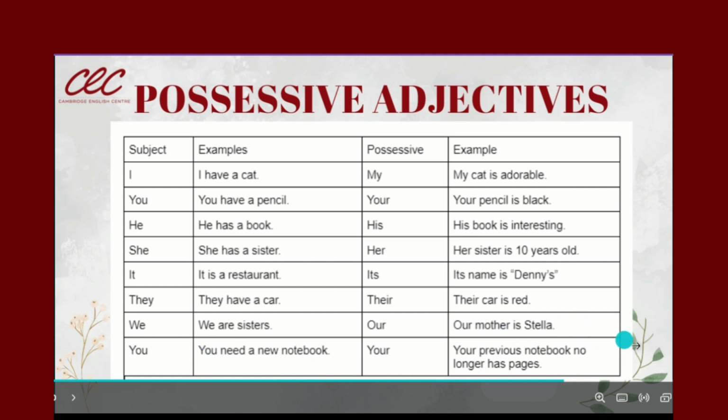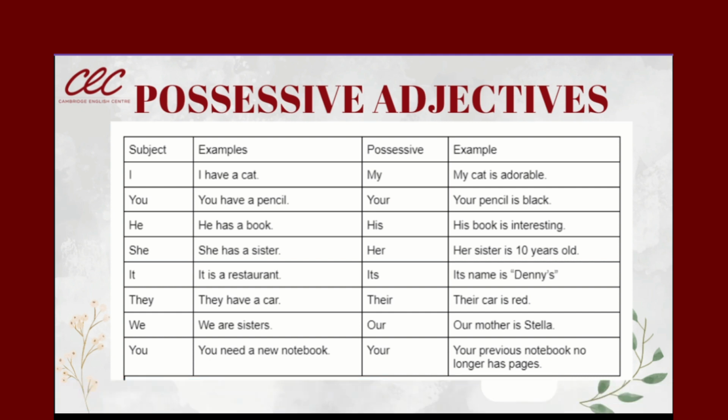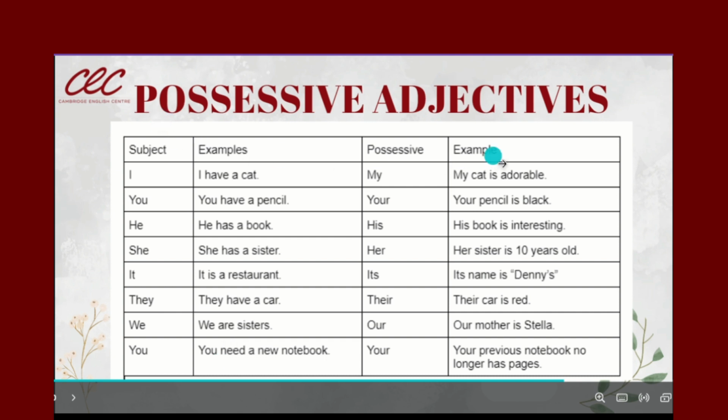You need a new notebook. Your previous notebook no longer has pages, okay? So, as you can see here, every subject has its own way to use the possessive, okay?